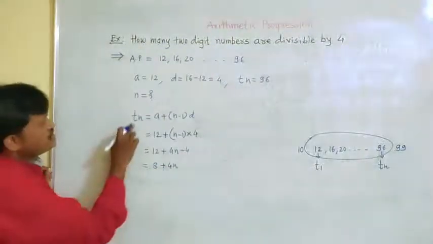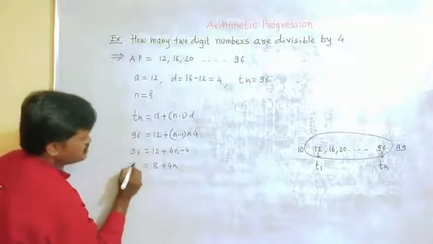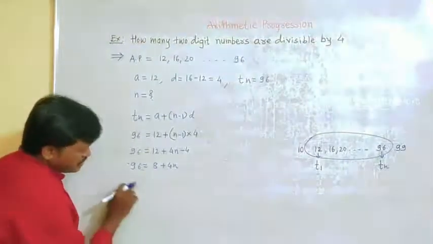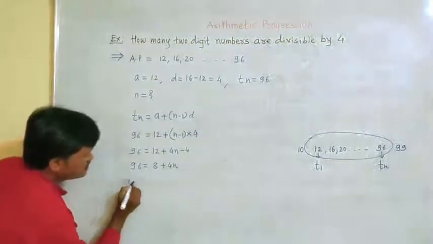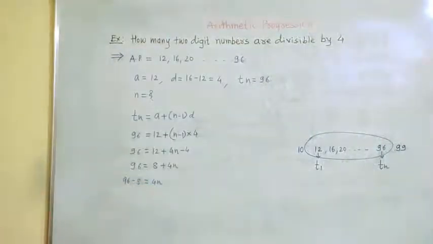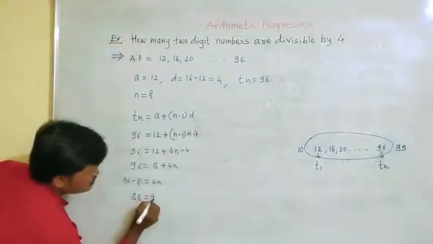On the left side, Tn is 96. So here 96 is equal to 8 plus 4n. Now solve this. Take this 8 to the other side. It becomes 96 minus 8 is equal to 4n. 96 minus 8 is 88. So 88 is equal to 4n.